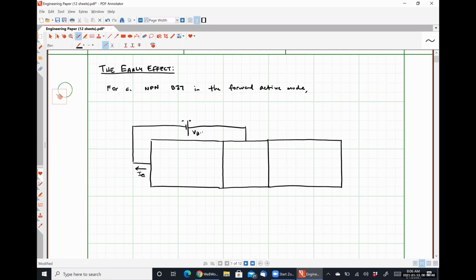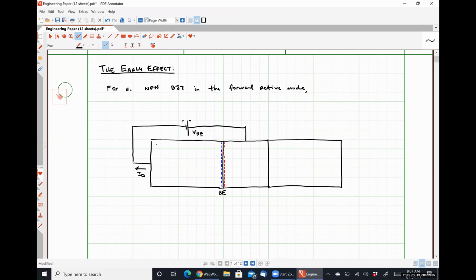Here's our voltage, VBE, which makes the base emitter junction right here forward biased. So there is a very, very small layer of negative charge on the P side of the junction, and an even thinner layer of positive charge stored on the right side of the junction, because this guy is forward biased.